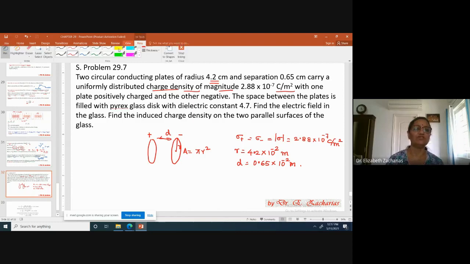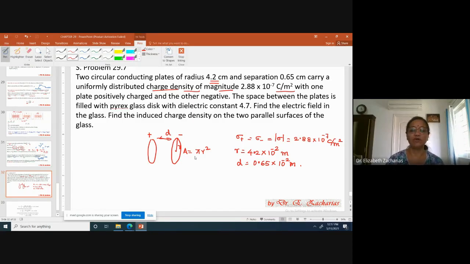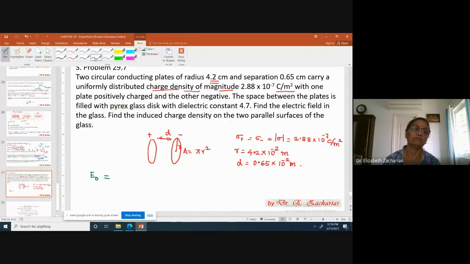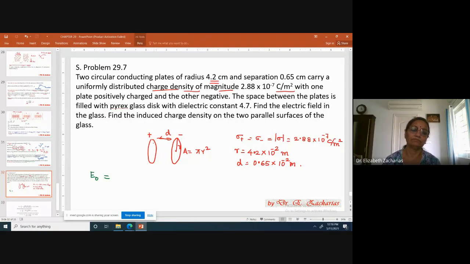Additionally, first of all, I want you to do this. What will be the field between the two plates, and what is the direction of the field? Anyone? Between these two plates, what will be the kind of field that will be there? Anyone? We have done this. For a metal, we did the same problem at the beginning of the chapter.